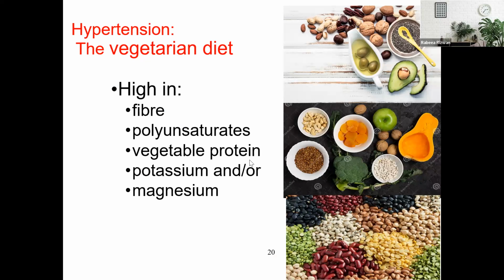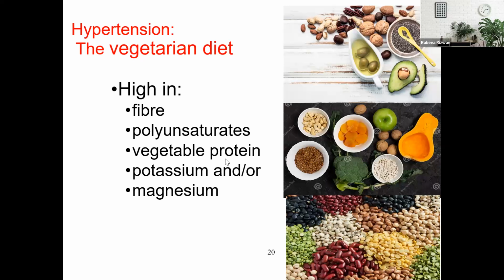Now, another intervention is through the vegetarian diet. If someone is vegetarian, how? Yes, still the diet can be modified by means of taking a high fiber diet, fiber like whole grains, polyunsaturated fats like avocado and olive oil, nuts like peanut, almond, then vegetable proteins.